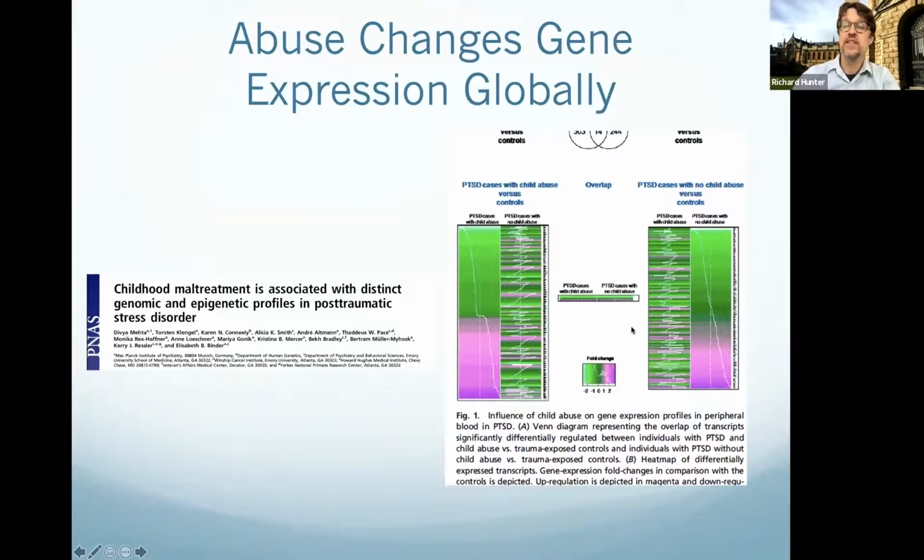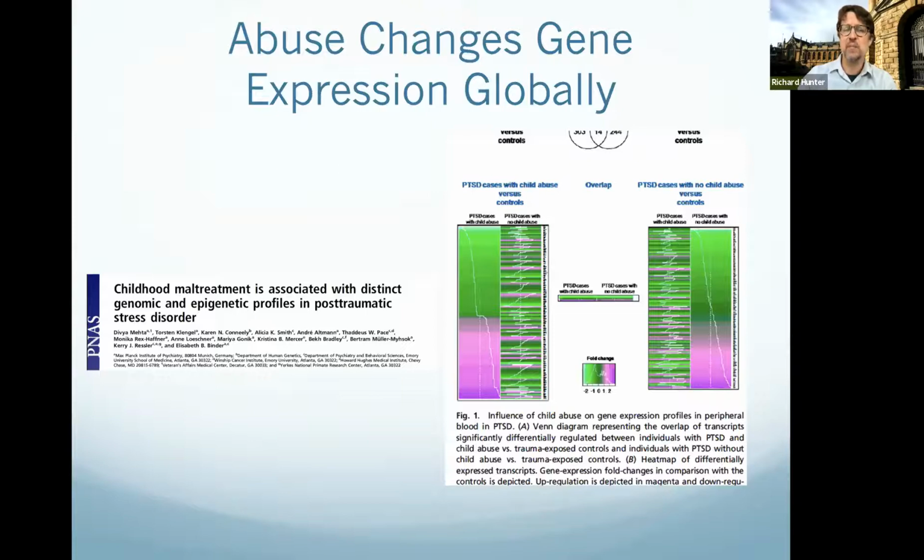And you see in both of these cases that it's a completely different pattern of methylation and gene expression between these two different subpopulations. We've known for a long time that a history of child abuse contributes to your liability to getting PTSD as an adult. But this is the first demonstration that the two types of PTSD are biologically distinct.